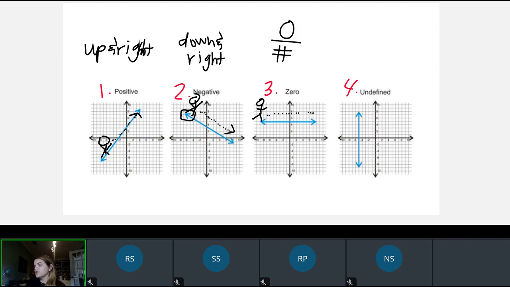People easily get zero slope and undefined slopes mixed up, because an undefined slope is where you're going to have a number on the top and a 0 on the bottom. We can't divide by 0. Okay, so think about this. If this was like the top of a skyscraper and they said, okay, here you are up here. Go ahead and take a step off and tell me how fast or slow you're decreasing.